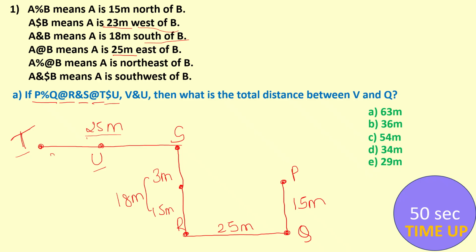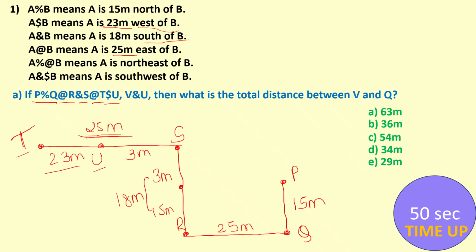So if I place 23 meters here, this extra will be 3 meters. So total it will be 25 meters from T to S, but from T to U you have 23 meters. If you want from U to S, it will be an extra 3 meters.